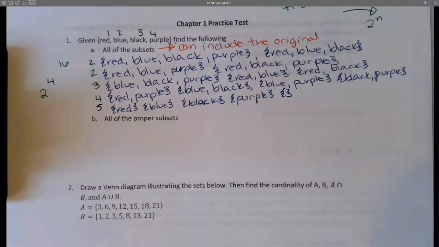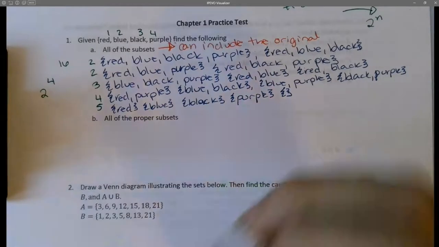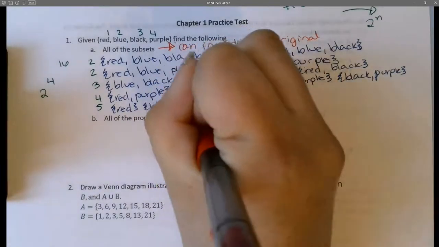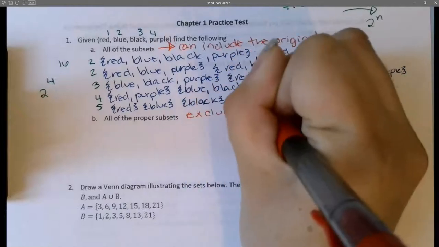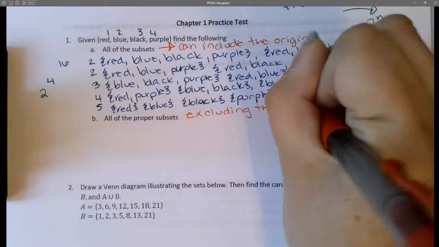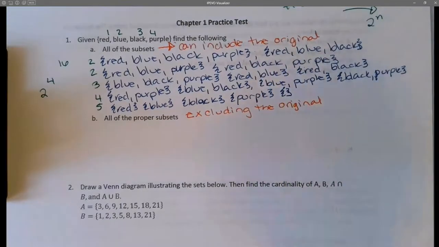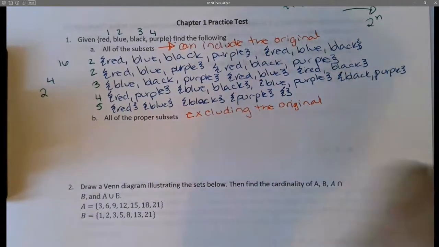Okay. For part B, when it asks for all of the proper subsets, this is excluding the original. So everything I just wrote for number 1, except for the same set as the original, gets rewritten. So I'm going to skip that set and then just copy down everything else I wrote.